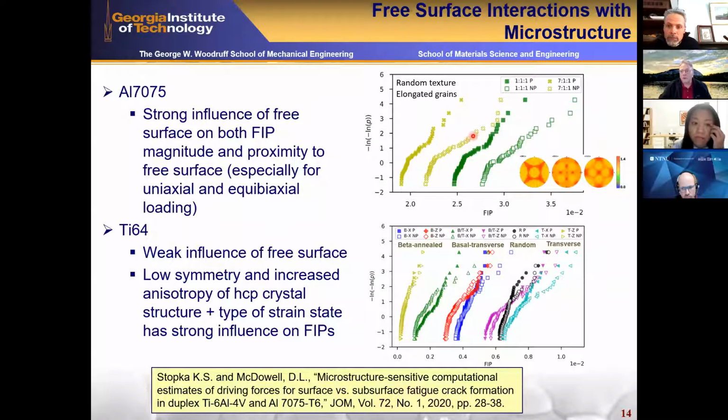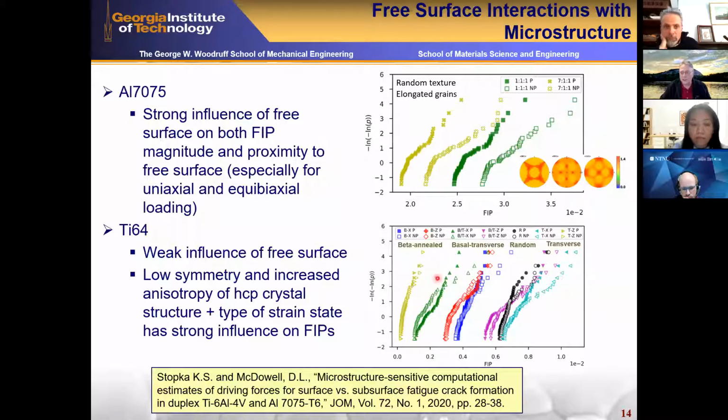And so you can see in both cases, for both an equiaxed grain and for an elongated rolled grain, loaded in strain in the rolling direction, that we have an enormous increase in the fatigue indicator parameter. Whereas for the alpha-beta titanium alloy with various crystallographic textures, that's not the case.